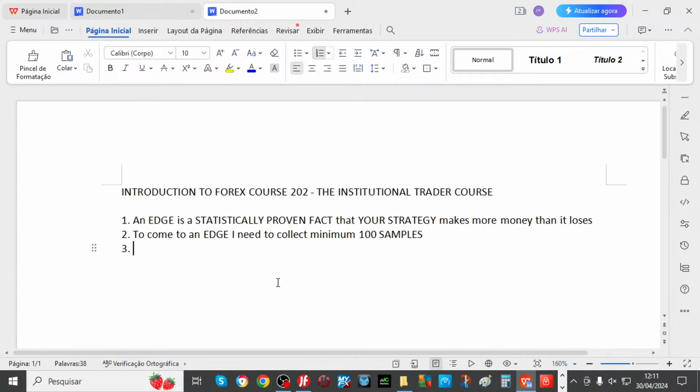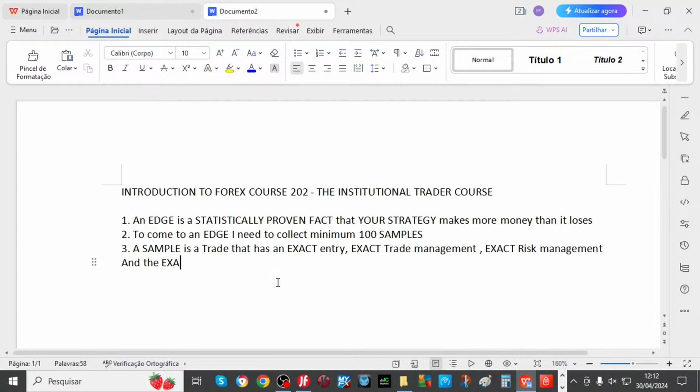And number 3, a sample is a trade that has an exact entry, exact trade management system, exact risk management, and the exact exit setup.